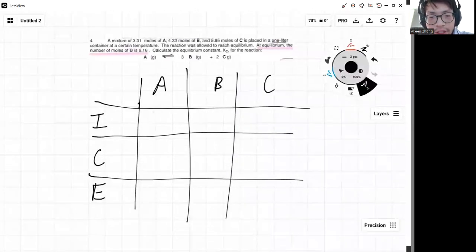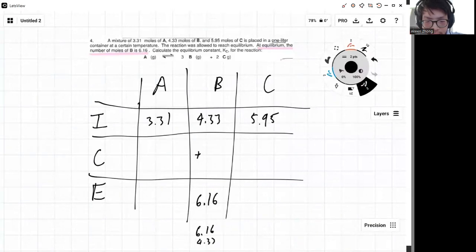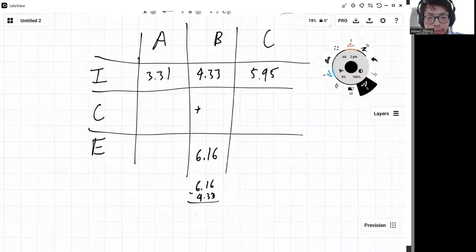So initially, we have 4.33 moles of B, 5.5 moles of C, and 3.31 moles of A. We end up with 6.16 moles of B, which means we would have had to add a certain amount of B. That number, simply subtract 6.16 by 4.33, and we get 1.83.